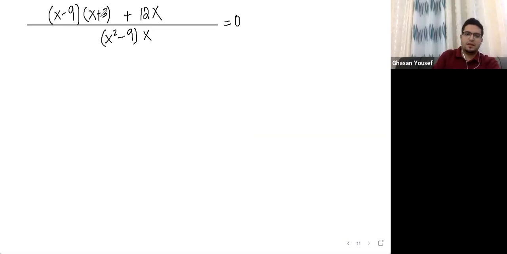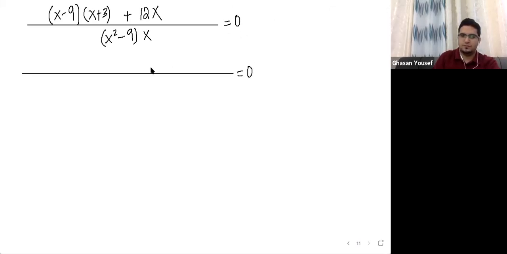Now let's simplify the numerator here. What do I get when I multiply these two parentheses? Yes, Bilal said this will be x squared minus 6x minus 27. Are you sure, Bilal? Let me check. x times x is x squared, x times 3 is 3x, minus 9x, minus 27. Yes, this is correct.